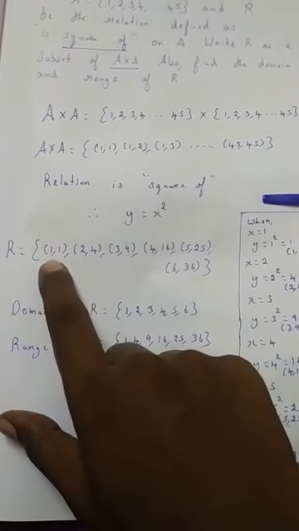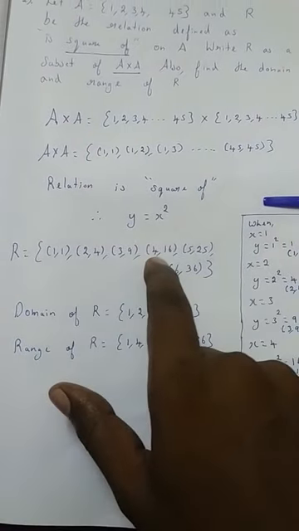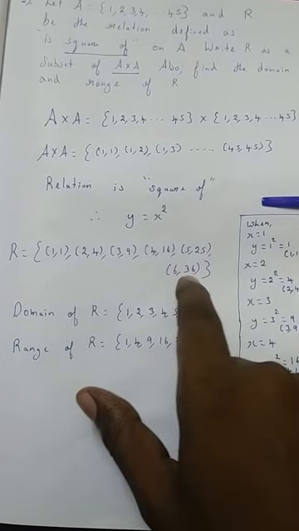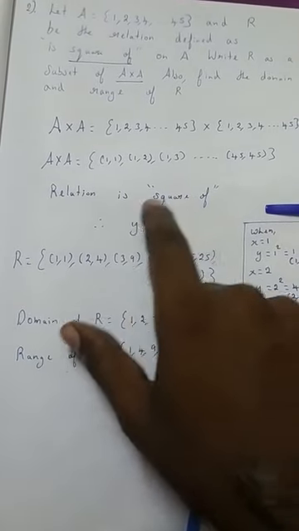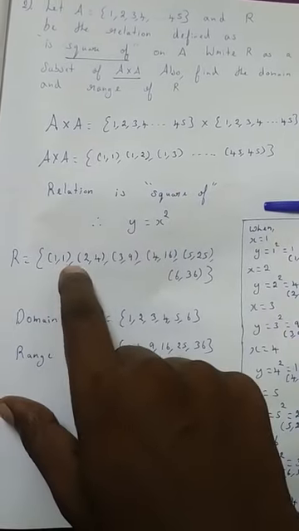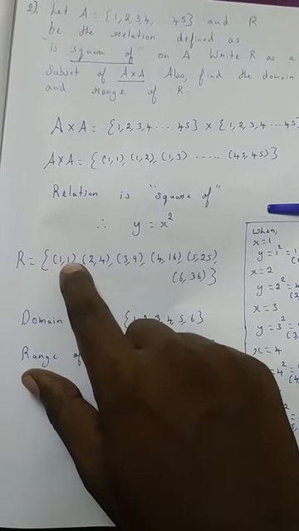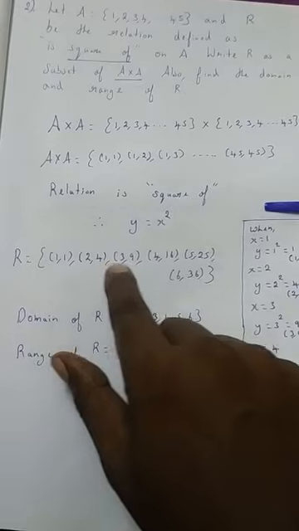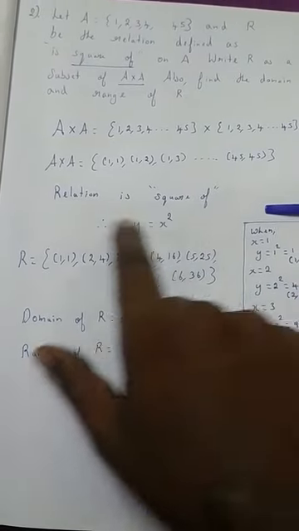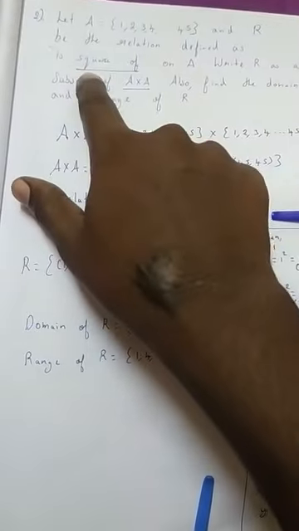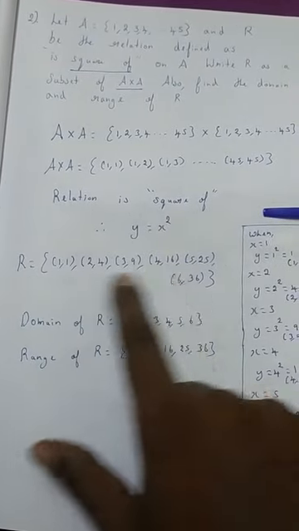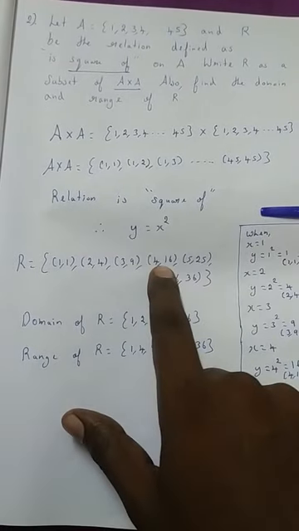Therefore the relation is 1, 1, 2, 4, 3, 9, 4, 16, 5, 25, 6, 36. This is the condition y is equal to x square. If you observe these ordered pairs, 1, 1: 1 square is 1. 2, 4: 2 square is 4. 3, 9: 3 square is 9.